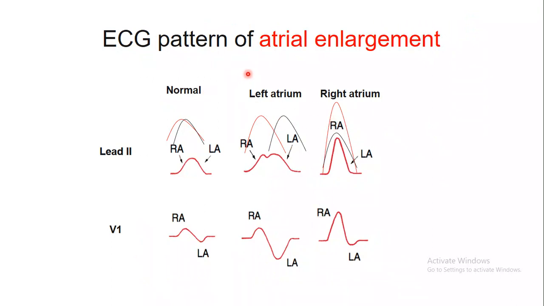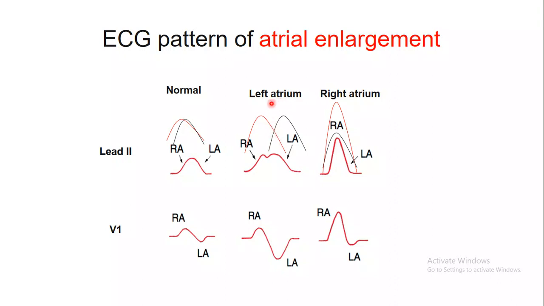The different ECG patterns of atrial enlargement will be explained here. We are commenting mainly on lead 2 because it is the closest lead to the atrial activity. Normally both right atrial activity and left atrial activity are so close that they are represented on a single wave on lead 2, which is positive.